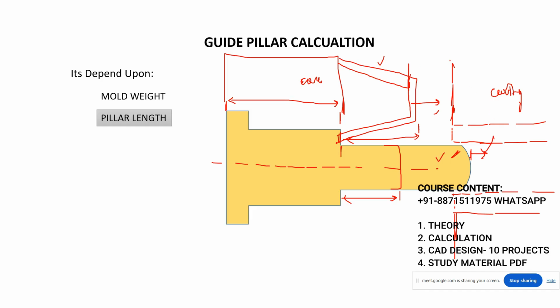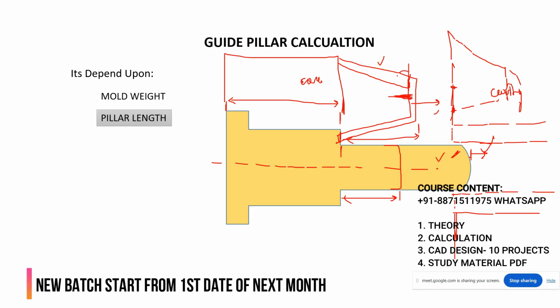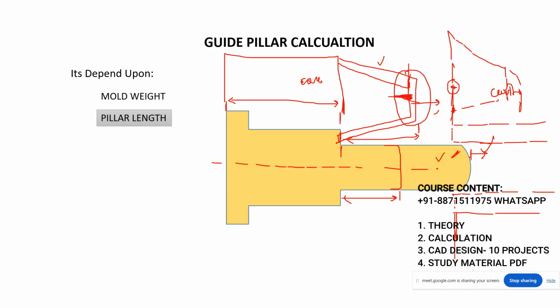See, for example, this is the cavity. So we have to align these two points, right or wrong? First of all, we have to align this point. This is the center point of the core, this is the center point of the cavity, so we have to align this point, right or wrong?